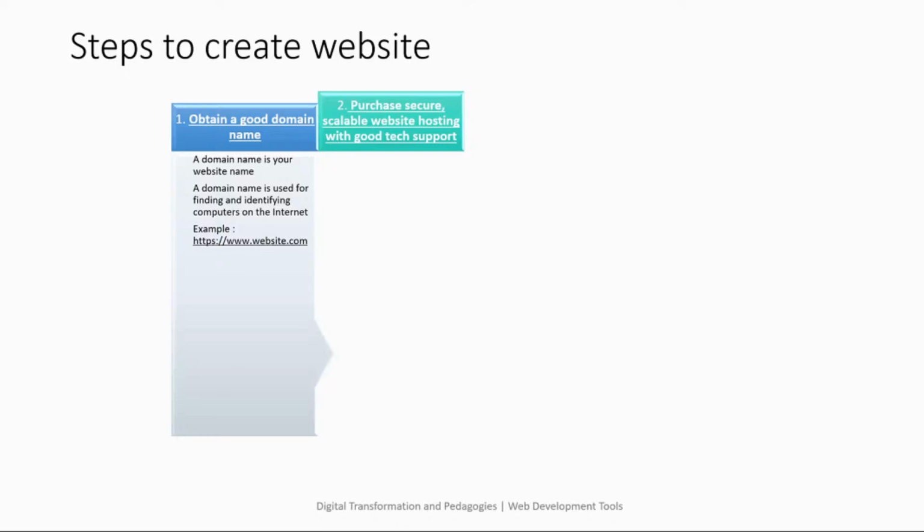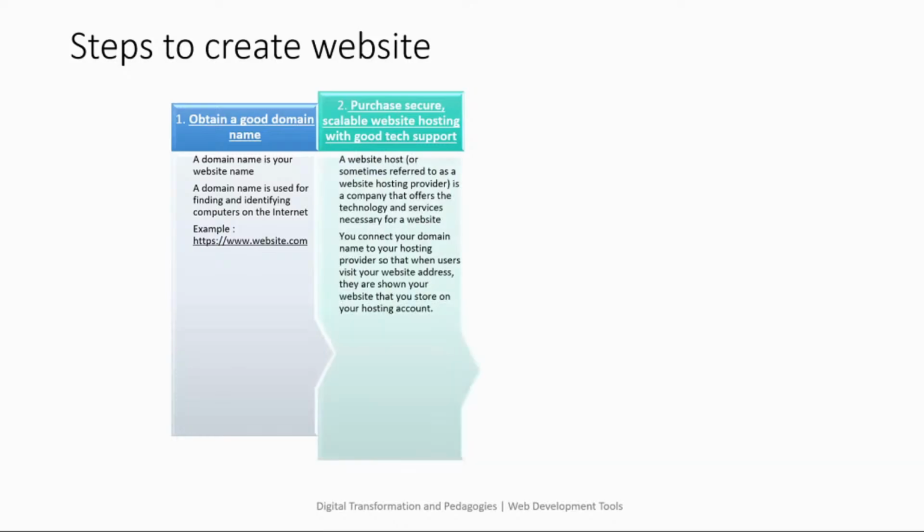Next step is to purchase secure, scalable website hosting with good tech support. You might be seeing the advertisements these days; I think MS Dhoni is the ambassador for GoDaddy. It's a hosting service provider. Drawing that analogy with the building and the address, the land is nothing but the hosting company.